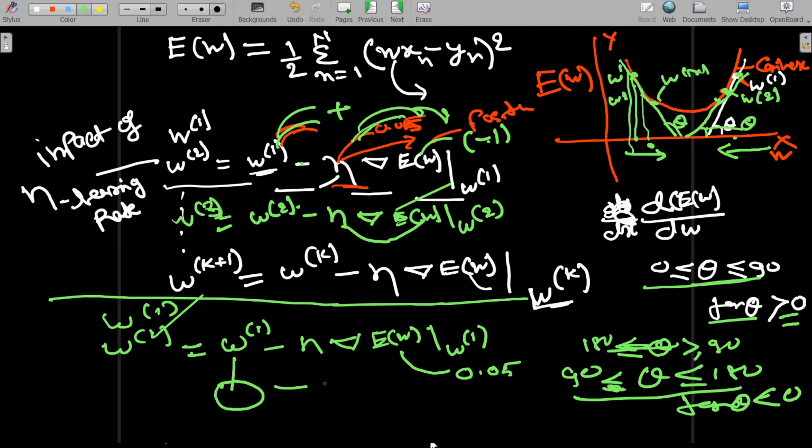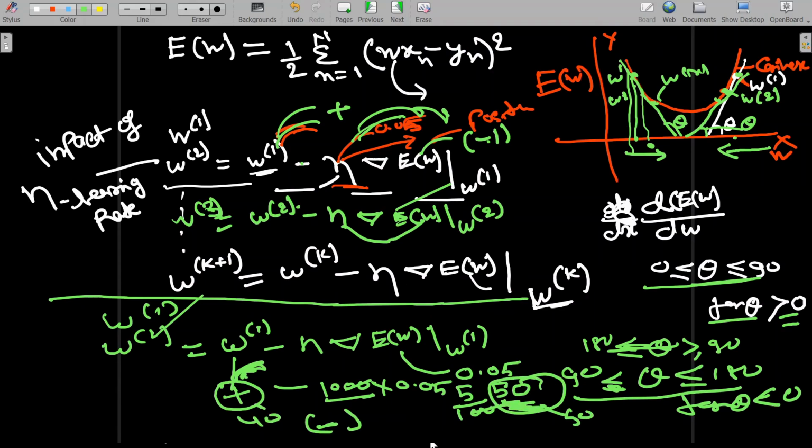And then if you pick eta, let's suppose 10,000, some positive value. If you multiply this 10,000 by 0.05, it is nothing but 500. So you are actually subtracting some large value, let's suppose 500, from this particular point, and the point would shift in this direction.